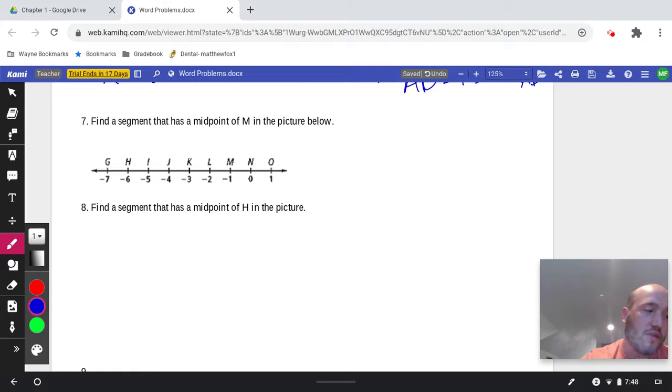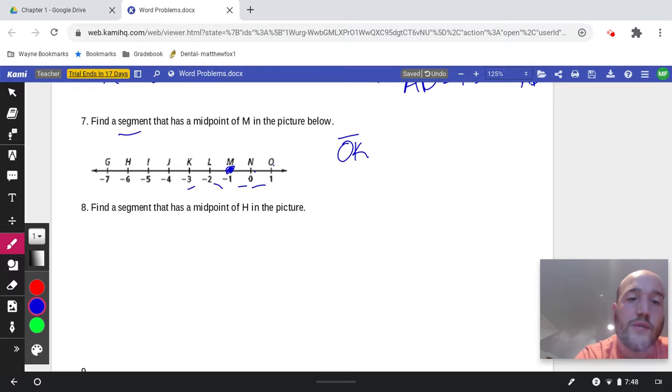Number 7 says find a segment that has a midpoint of M in the picture below. So M is right there. That's our midpoint. On this one, there would be 4 answers I would accept. If it's the midpoint, it has to be right in the middle, so you go either way. The farthest to the right it can go here is 1, 2. If we went 2 over, that'd be O. If it's 2 to the right, it also is 2 to the left, so that'd be K. So we could do segment OK.